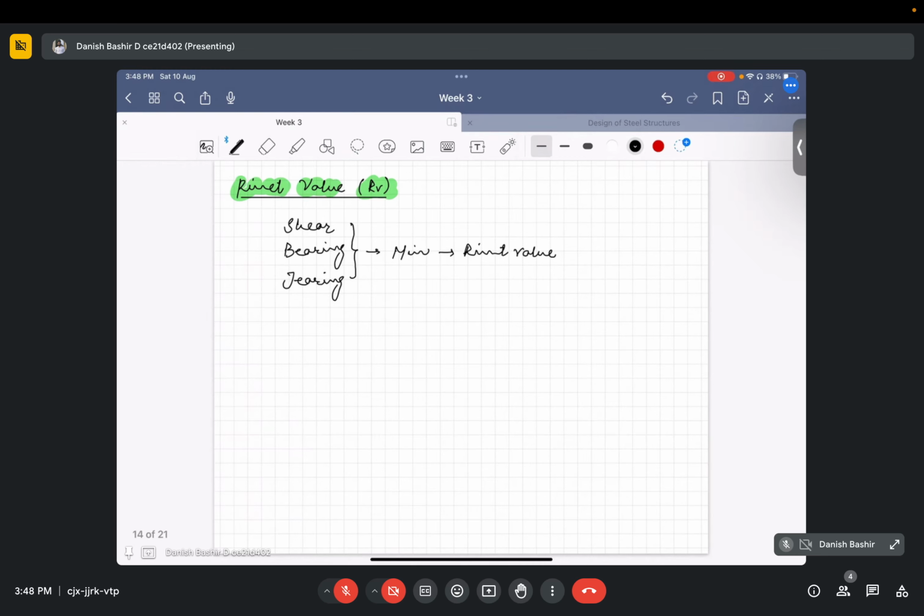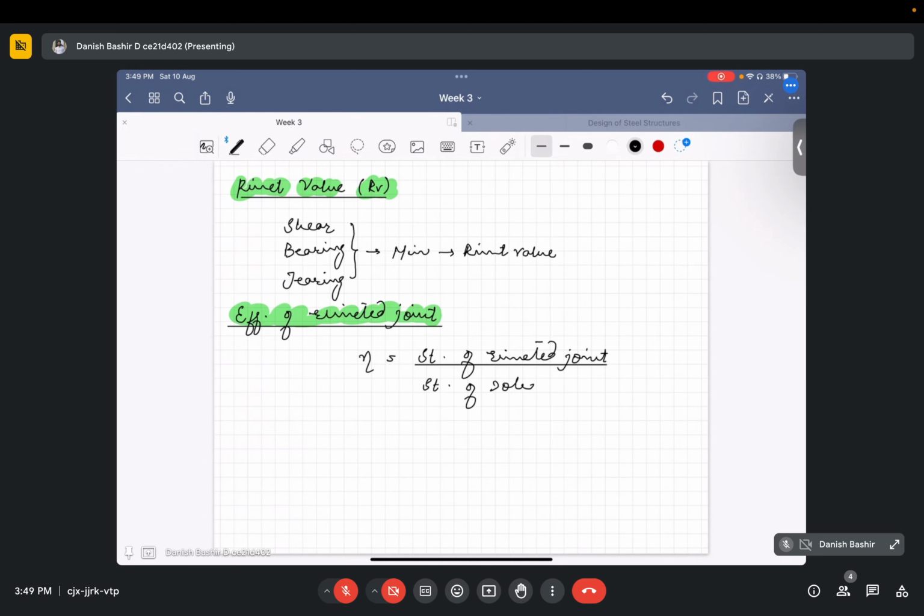Efficiency of riveted joint is another important thing. Efficiency eta is given as strength of riveted joint divided by strength of solid plate, times 100.